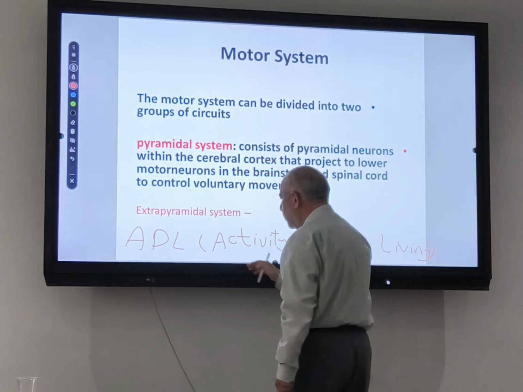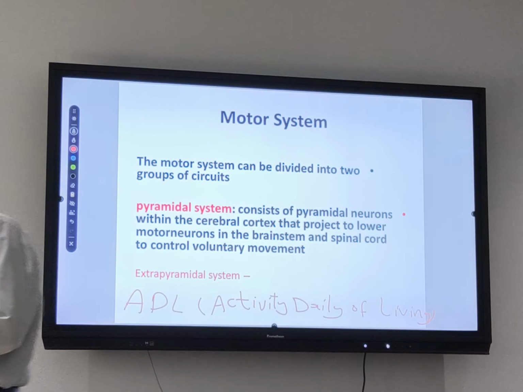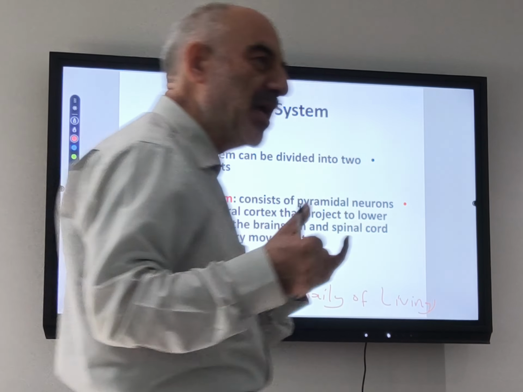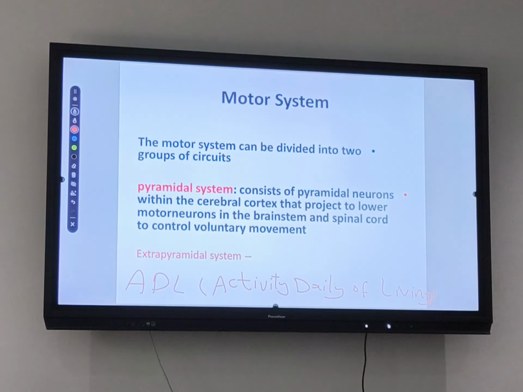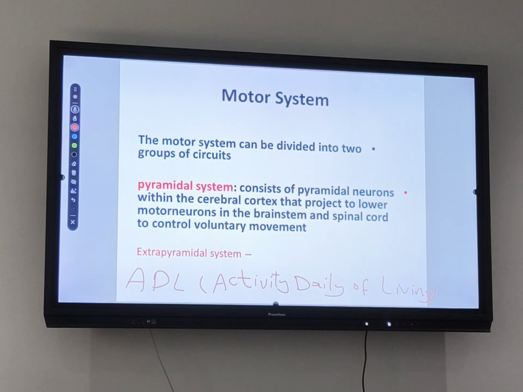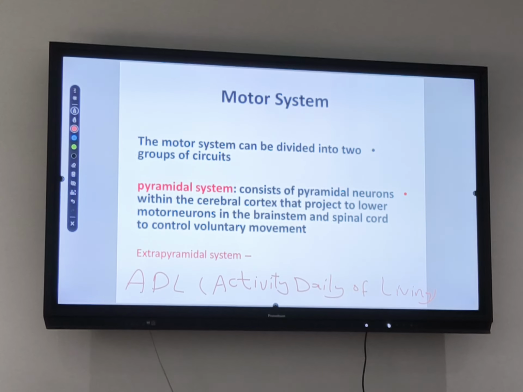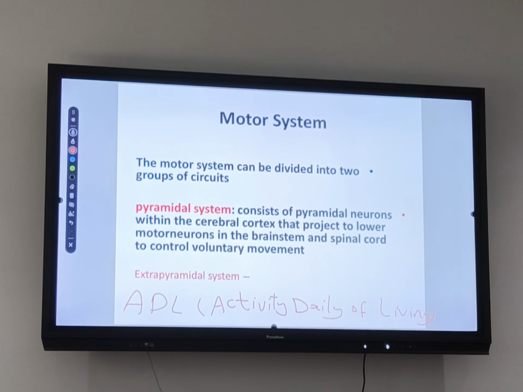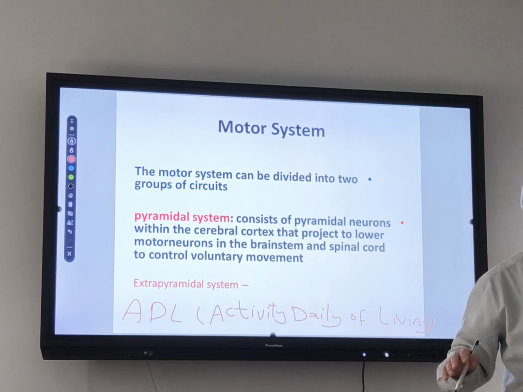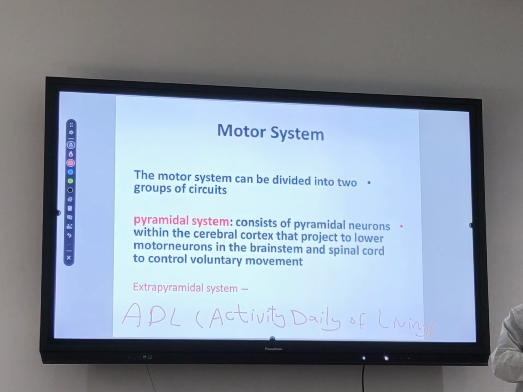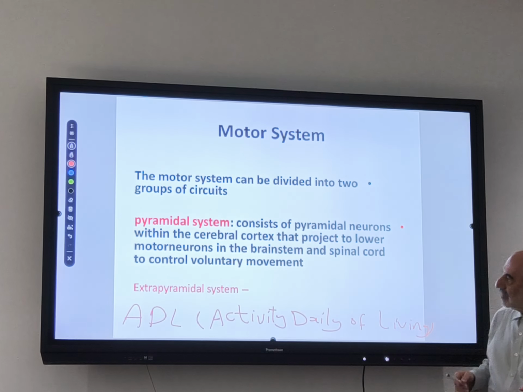Activity means to write, to eat, and any activity. It is also very important for occupational therapy. ADL, activity daily of living, means your routine for a day. Eating, writing, toileting, shopping, washing, and so on.